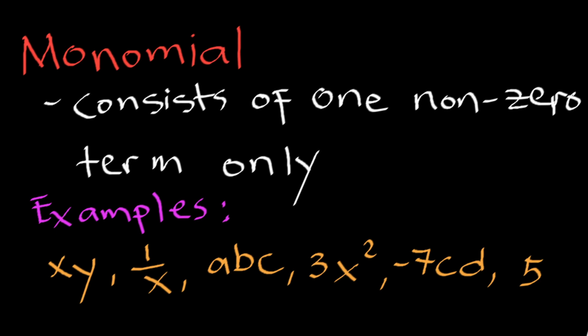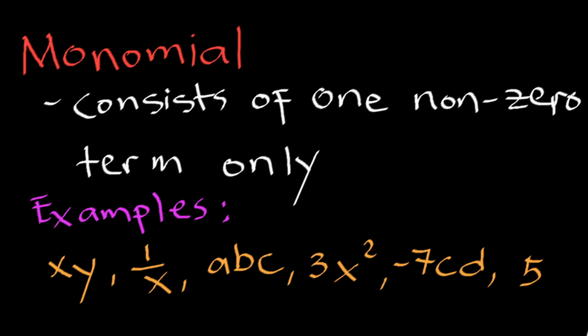For 3x squared, we are getting the product of 3 and x and another x. Kasi ang x times x ay x squared. Later on, mas magdedwell tayo sa mga rules ng exponents. So, abangan natin yan. Okay, so we also have negative 7cd. We are multiplying negative 7 by c and by d.